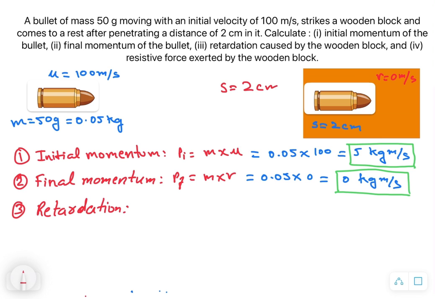So S is 2 centimeters, that would be 0.02 meters. Now let us use an equation of motion here. We have the initial velocity, we have the final velocity. We need to find the value of A, and we also have the value of distance here. So the appropriate equation in this case would be V square equal to U square plus 2AS.